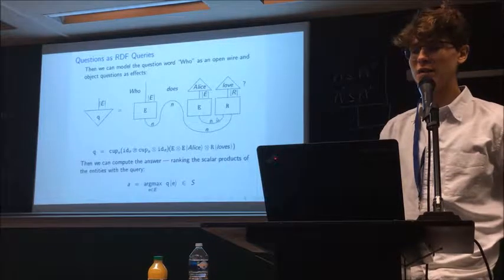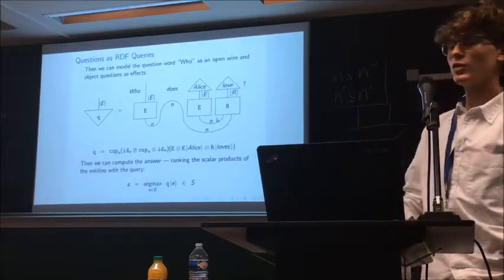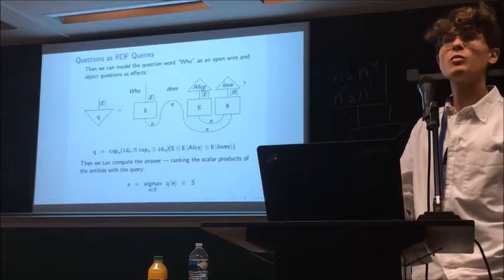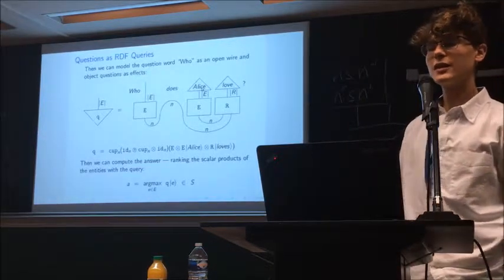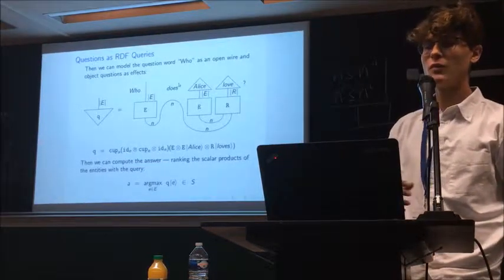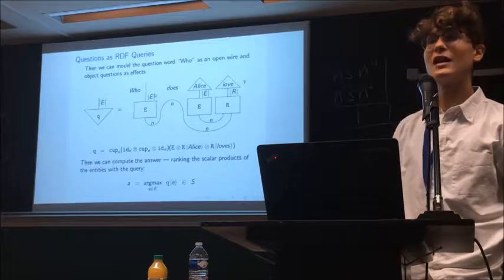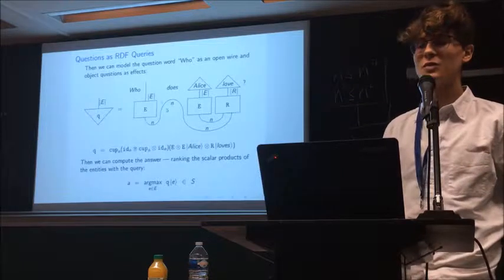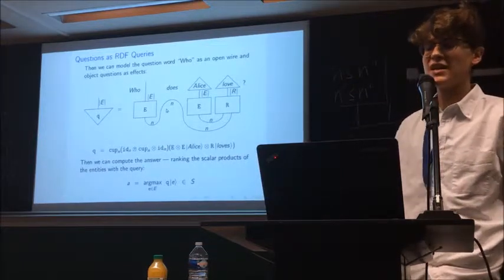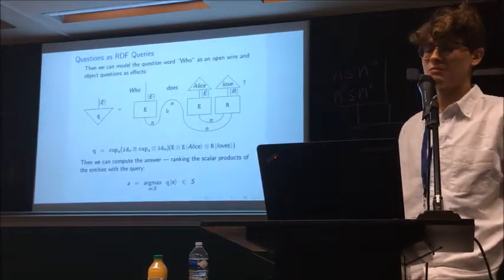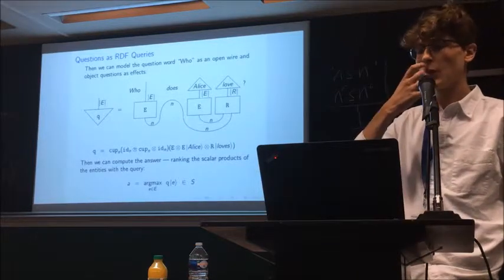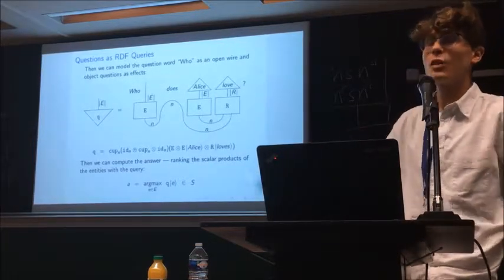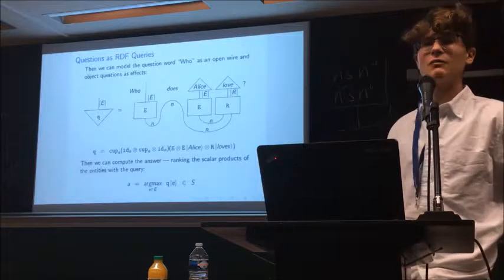So here we write the diagram for the question with who as an open wire, and we get an effect from the cardinality of the entities to 1, which means that every time we take an entity, we can take its scalar product with the effect, or we can take the composition with the effect and get a value.